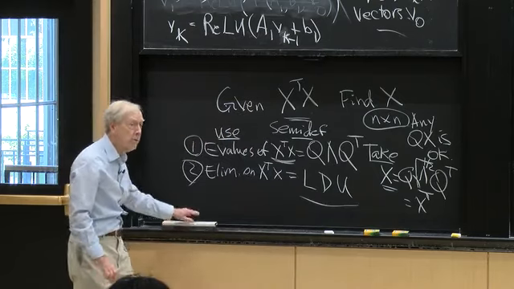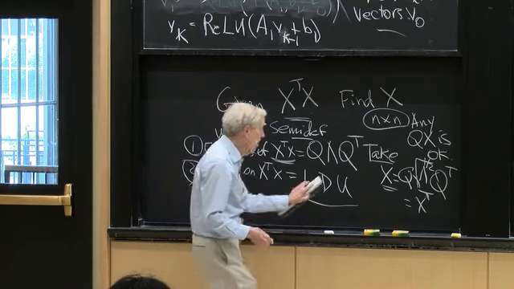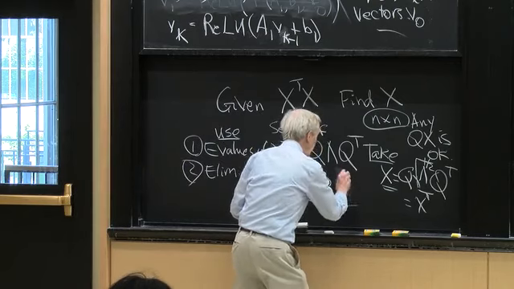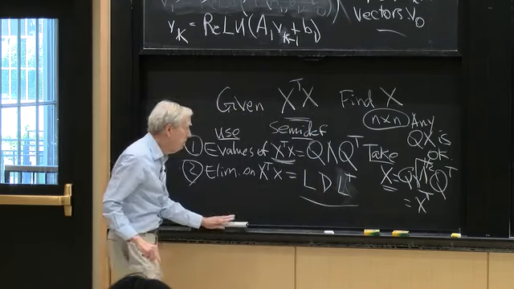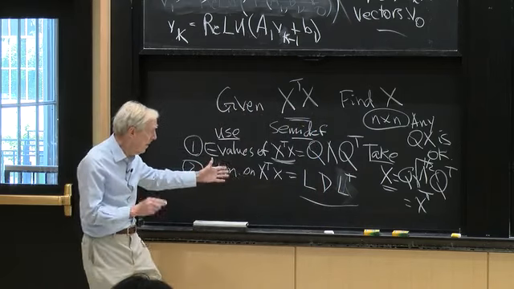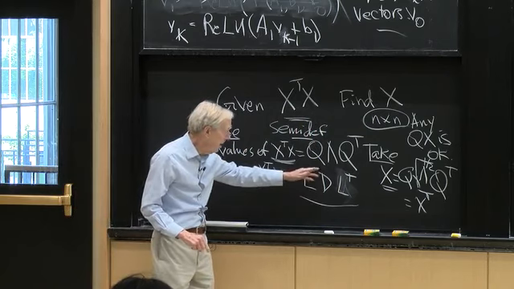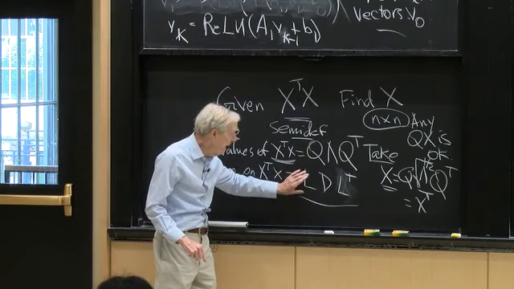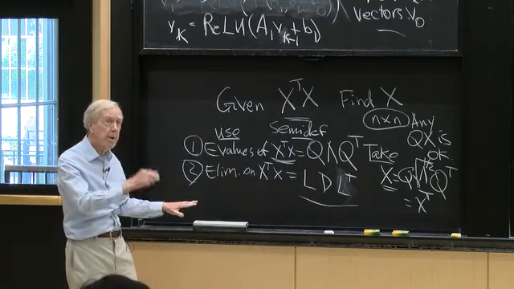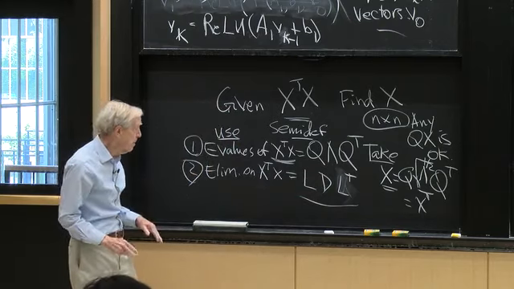How do I make that look symmetric? The U gets replaced by L transpose. If I'm working on a positive definite matrix, then I get positive pivots, and the lower triangular and upper triangular are transposes of each other.